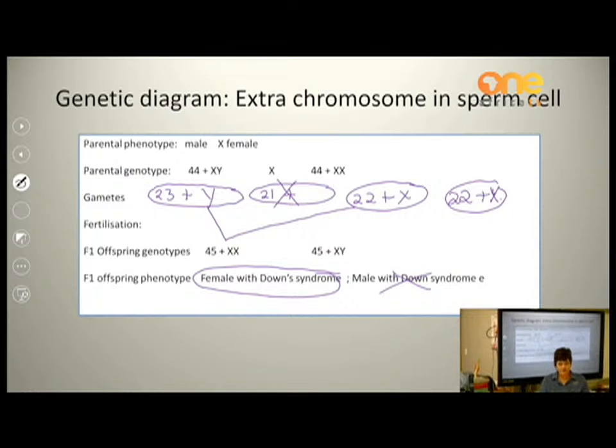After the zygote will form, 23 plus 22 will give us 47. 45, 46, 47. You see, this is equal to 47 because there we add the autosomes, the 6 chromosomes. Good.